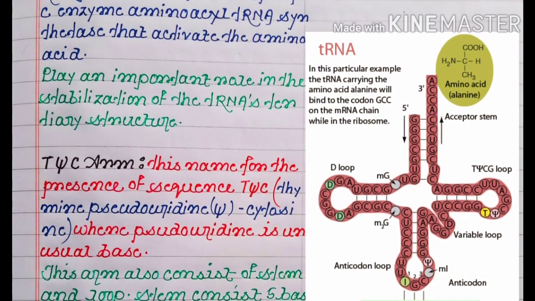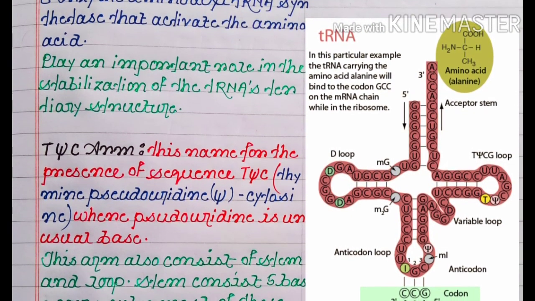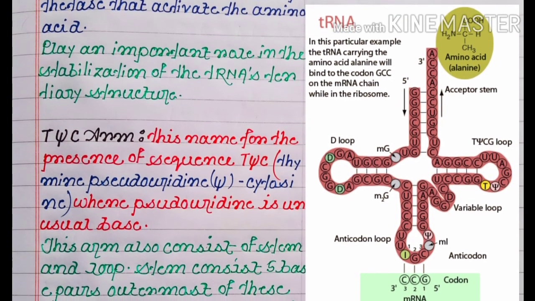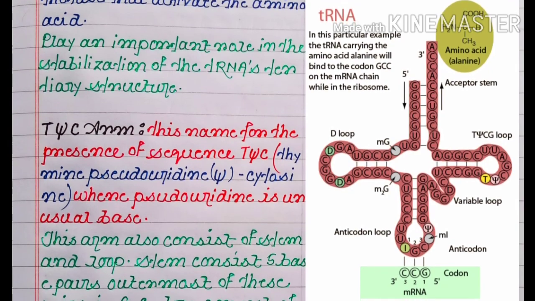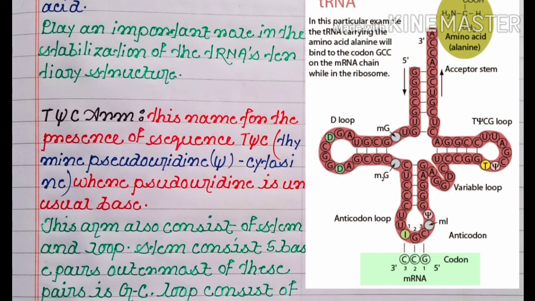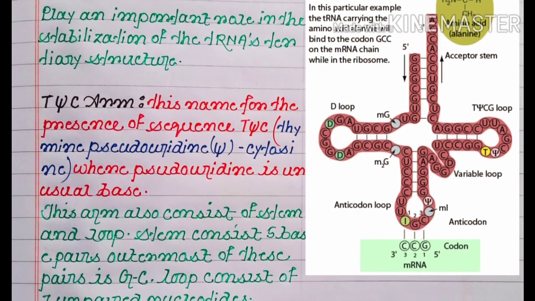Next, the T-phi-C arm. It is named for the presence of the sequence T-phi-C, thymine, pseudouridine, cytosine, where pseudouridine is an unusual base.